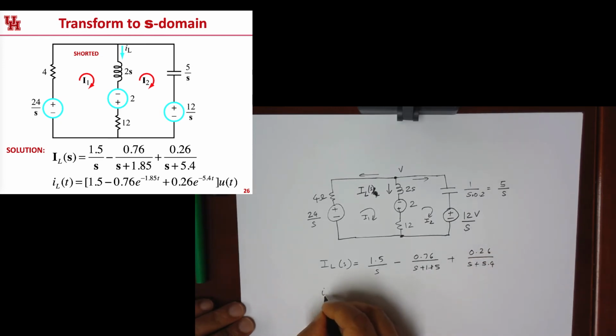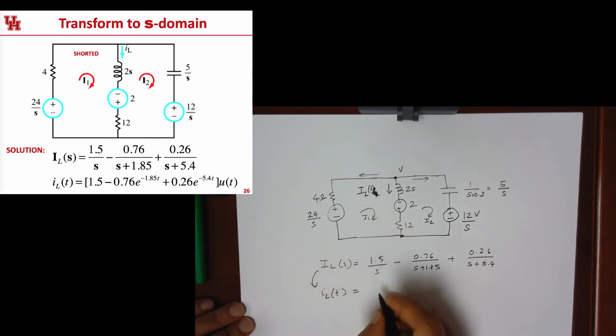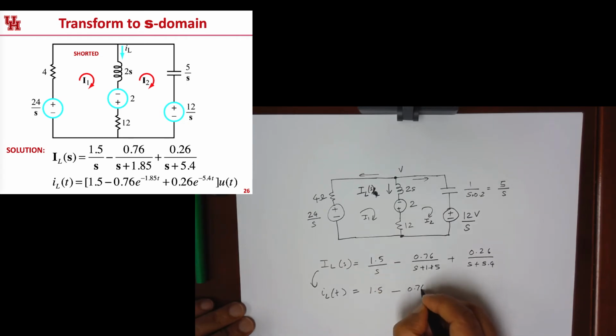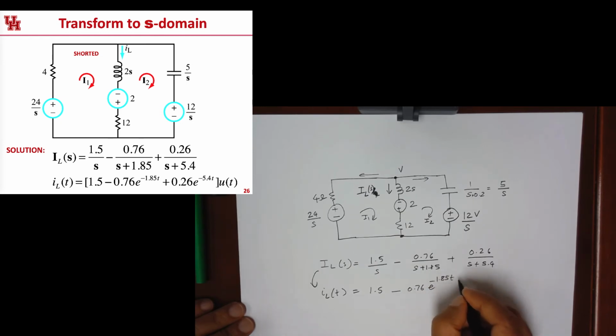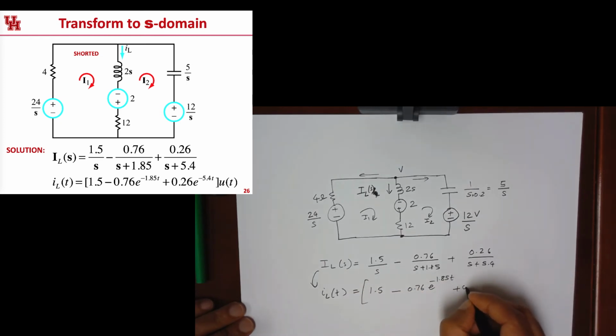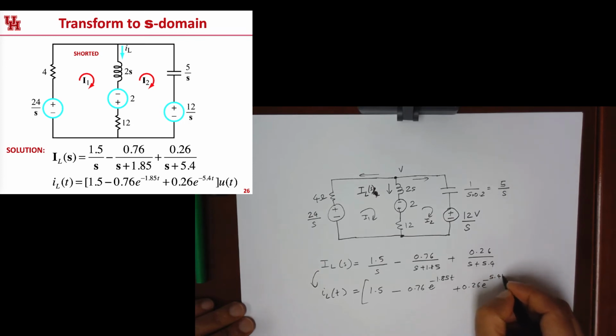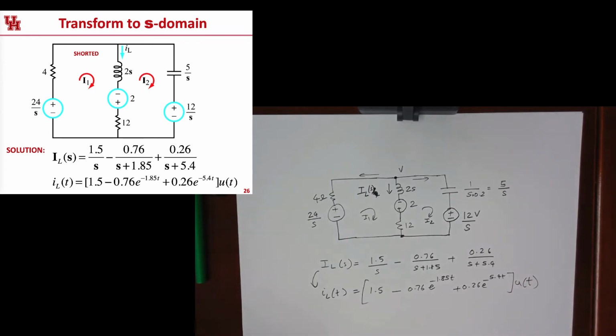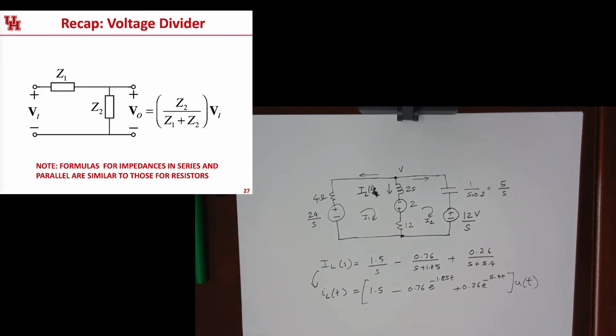So we can now inverse Laplace transform this to the time domain, and we can get 1.5 u(t) minus 0.76 e to the minus 1.85 t u(t), okay, I'm going to put u(t) common outside, plus 0.26 times e to the minus 5.4 t u(t), okay, I put u of t common, all these guys like that.